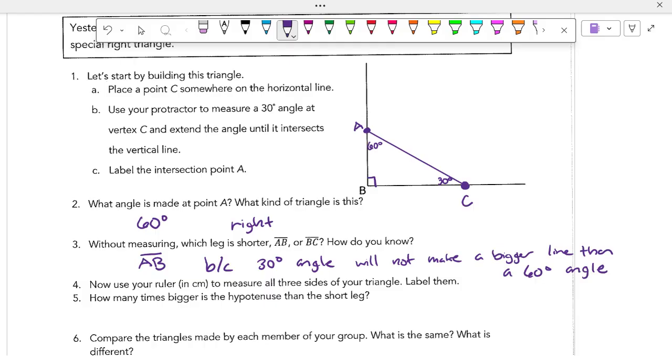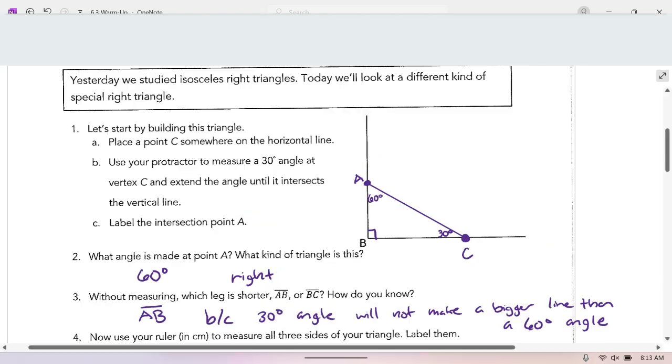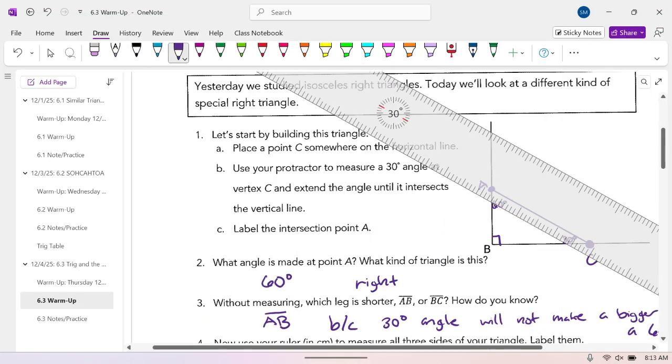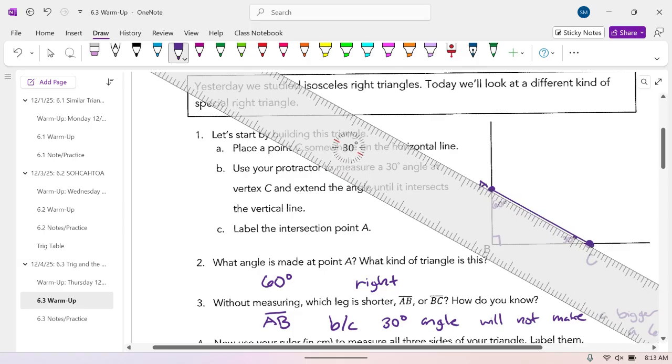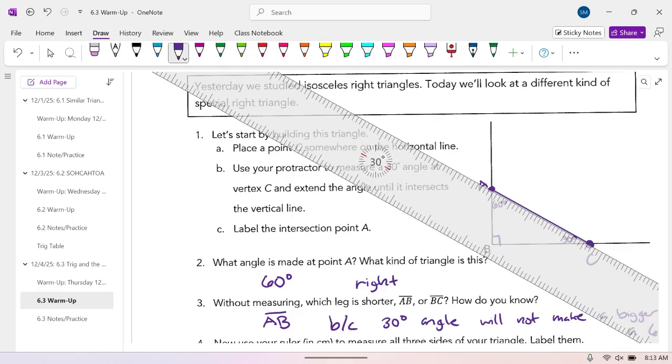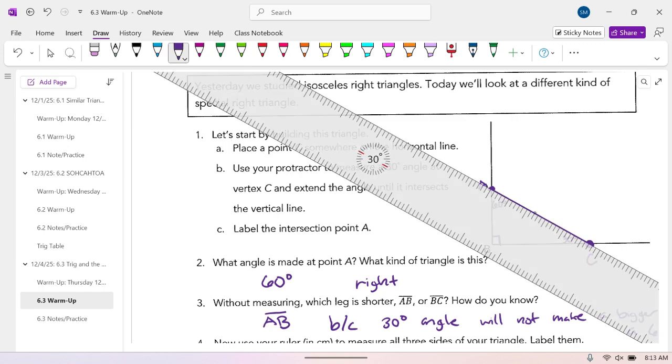All right. Now, I'm going to take a minute and measure my sides. I know mine's not in centimeters, but this is inches.